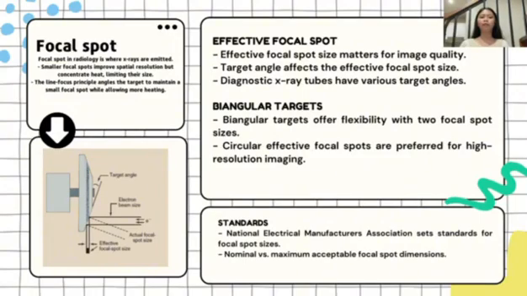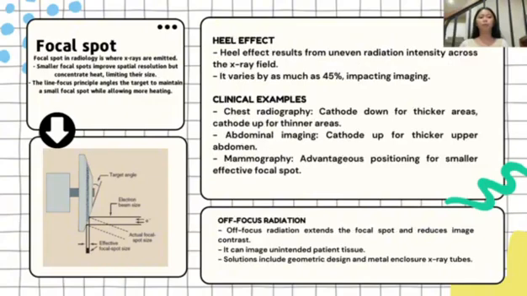Understanding the focal spot, effective focal spot, and the heel effect is vital in radiology to ensure clear images and minimize patient exposure to radiation. Proper equipment and positioning are essential for quality imaging.